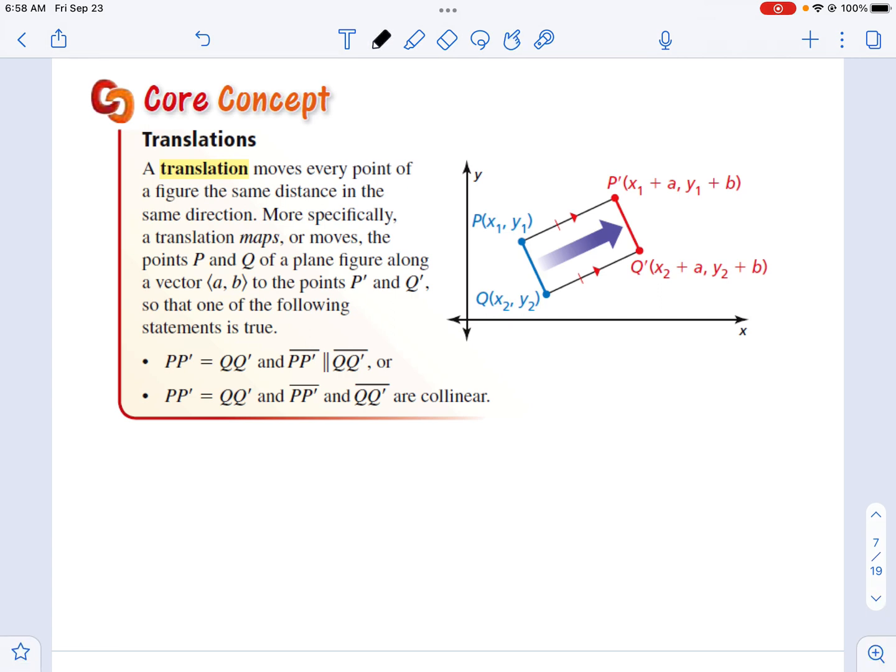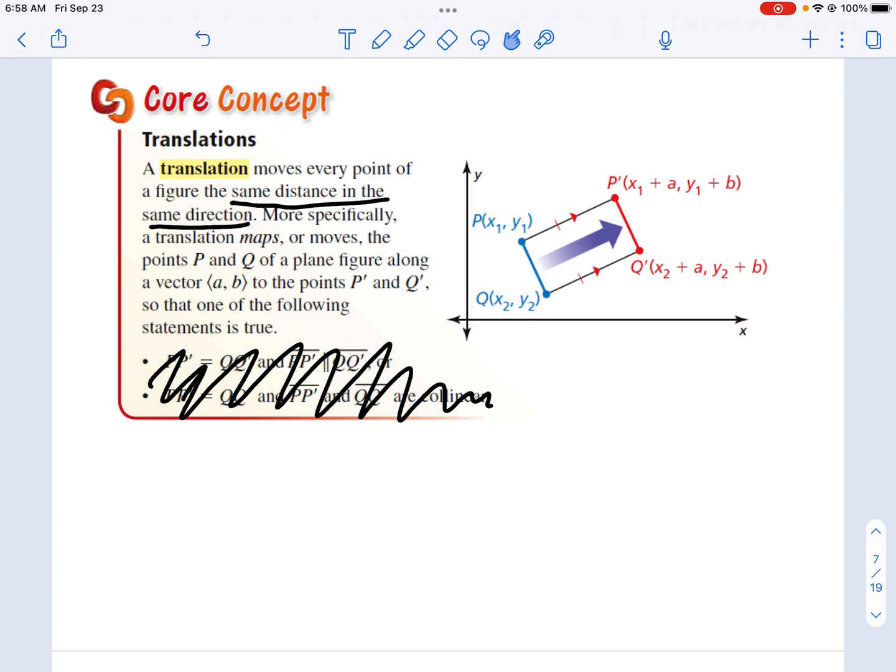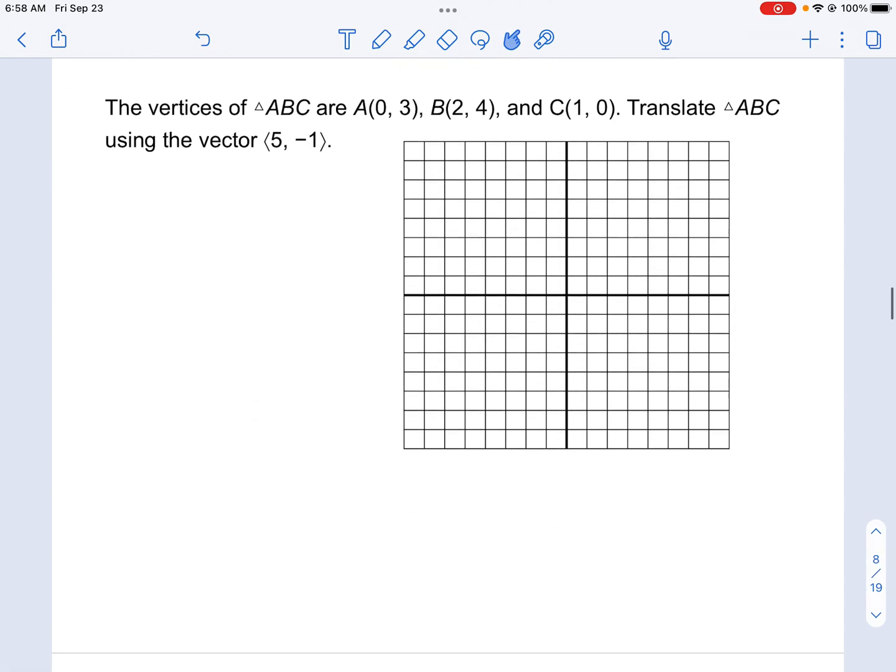Now, a translation, like we talked about, is a slide. It moves every point the same distance and same direction. You don't need all this. Just know what a translation is. Again, translation you can think about as a slide. Okay.